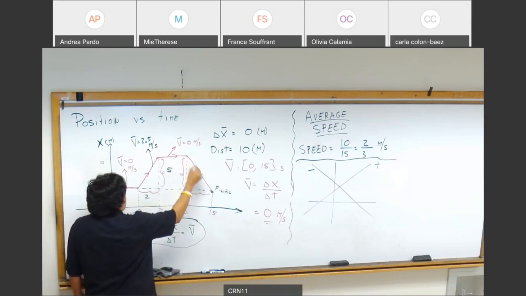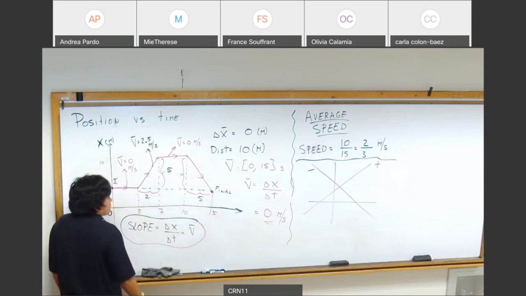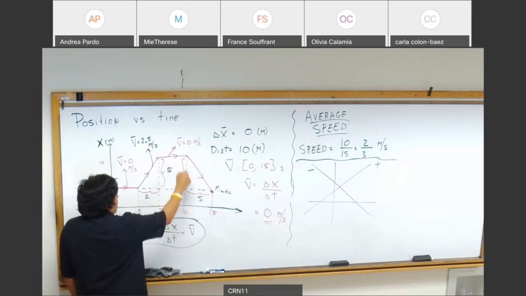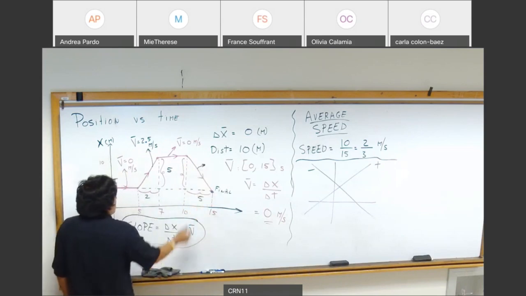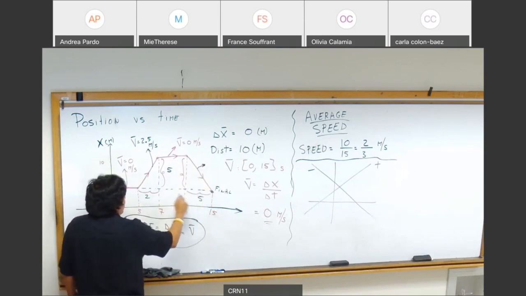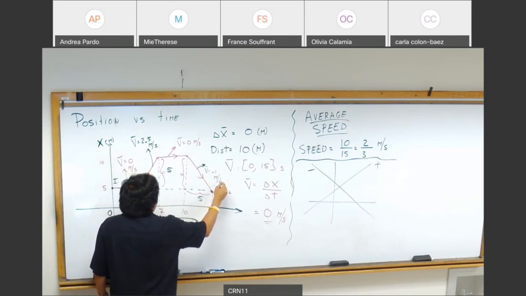Now you're going from this point to this point. Rise is also 5. The time is now 5. So what is the velocity in this section here? It is minus 5 over 5, minus 1 meter per second.